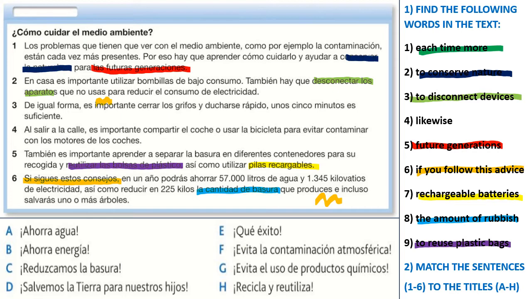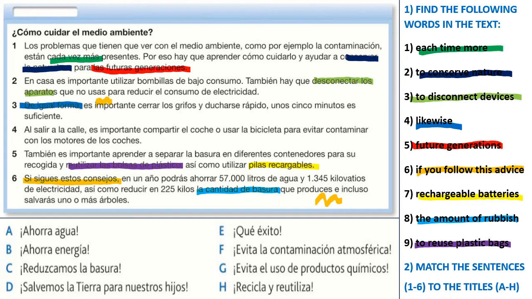Each or every day, you can either say todos los días or cada día, which would take you to number 1, cada vez más. We know the word more as well, being más, so you might be able to find that. And then finally, the last one, a bit more difficult, is going to be likewise. The word for likewise is de igual forma in number 3.